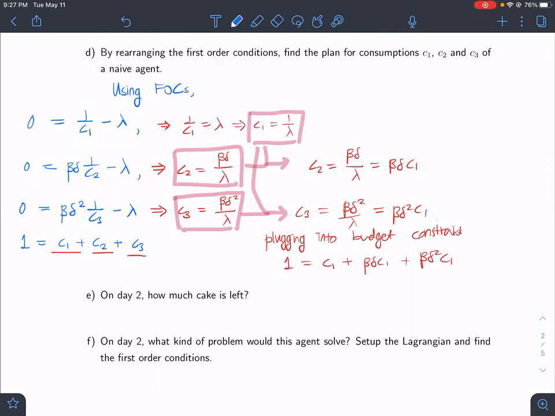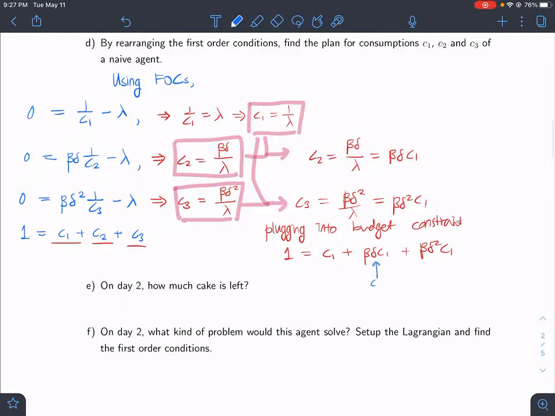If you're wondering where this is coming from, this one was C2, this one was C3, by what we did above. So 1 equals 1 plus beta delta plus beta delta squared times C1. Hence, C1 is 1 over 1 plus beta delta plus beta delta squared.